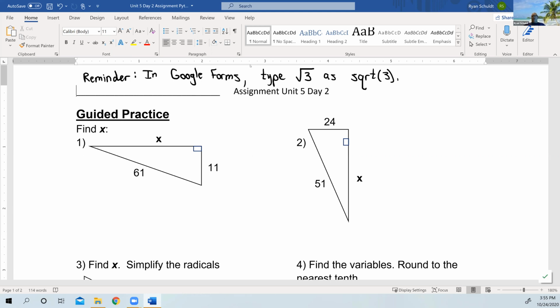Don't just tell me 3. That'd be wrong. Make sure you say square root of 3.